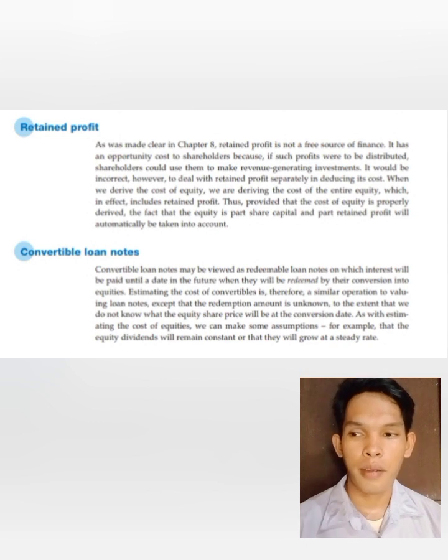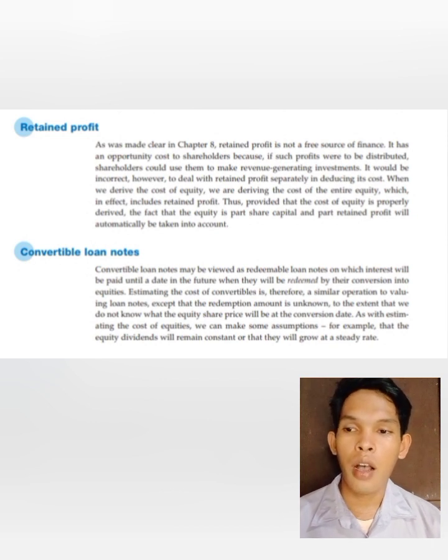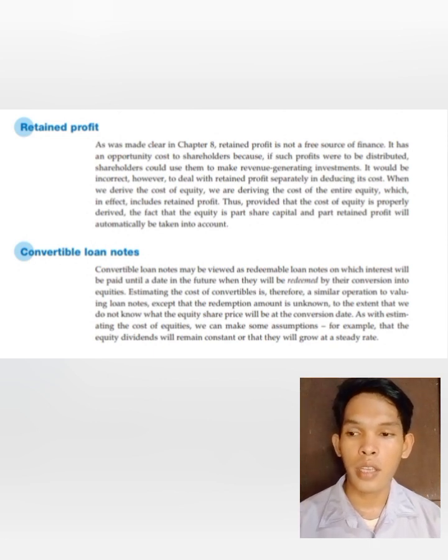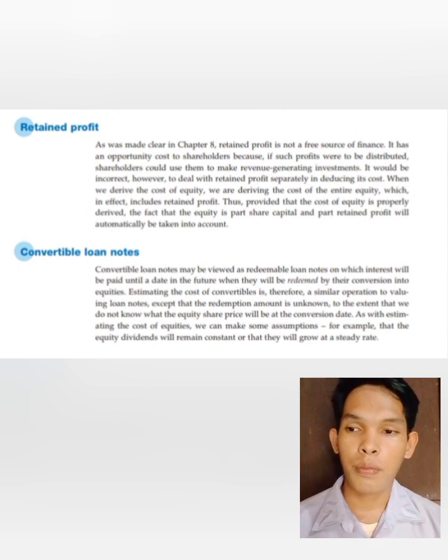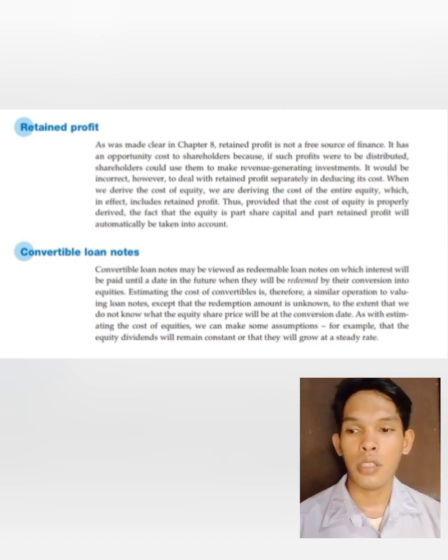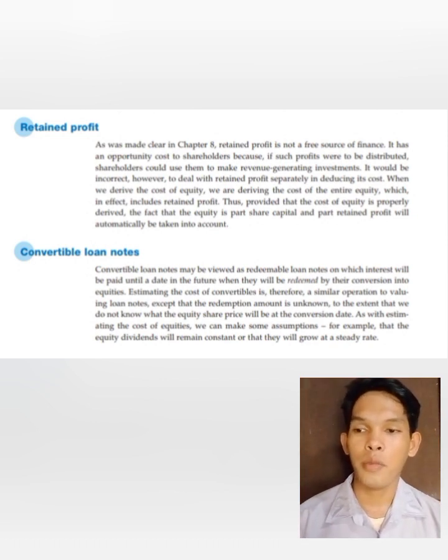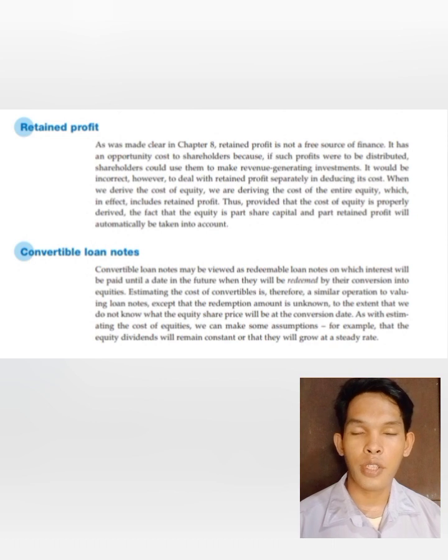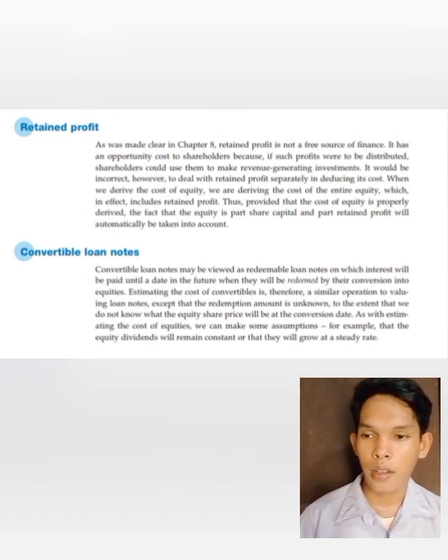Next is retained profit. As was made clear in chapter 8, retained profit is not a free source of finance. It has a cost to shareholders, because if such profit were distributed, shareholders could use it to make a revenue-generating investment. It would be incorrect, however, to deal with retained profits separately in deriving the cost.